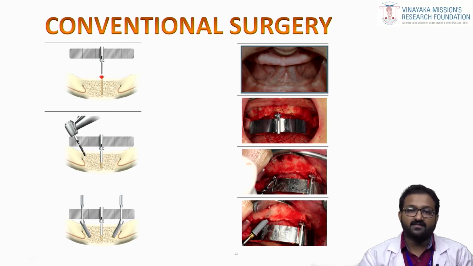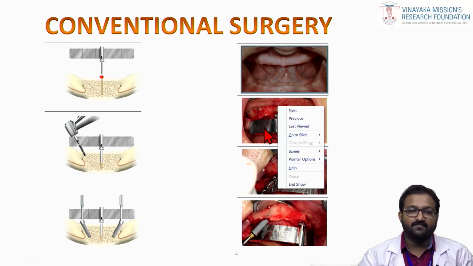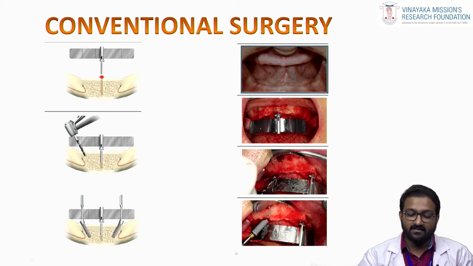You are going to place this guide on the middle portion of the ridge. You drill a portion and then place the guide, and this guide will let you do the angulated implants freehand. Look at this picture, the guide is placed in the most mesial position, and the implants are placed according to the guide. So this is how the conventional surgery is done.